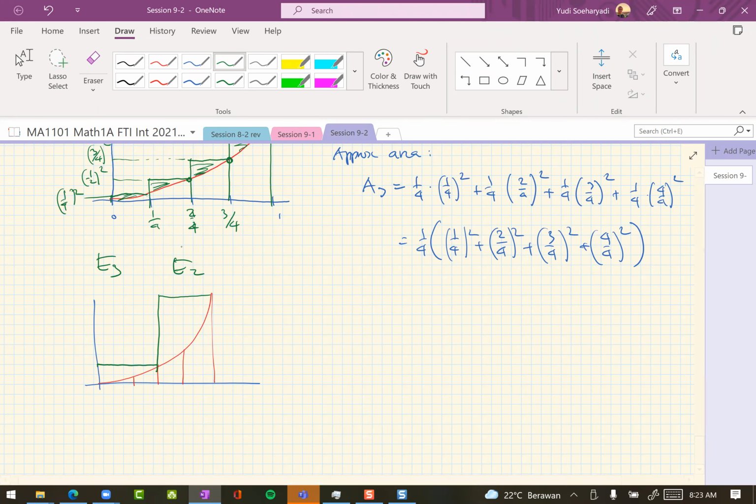And E3 is this one. So this is E3, right? So the difference between E2 and E3 is this area here.